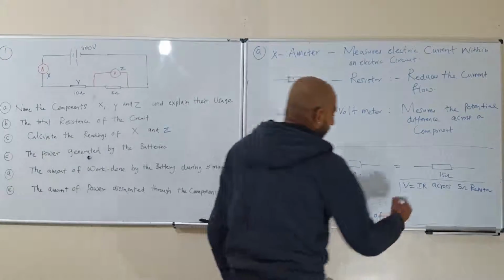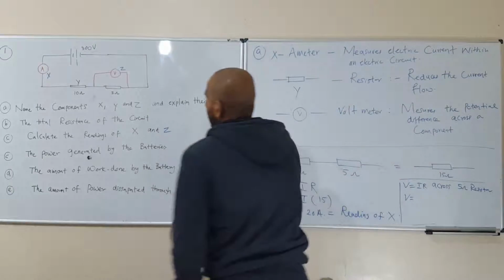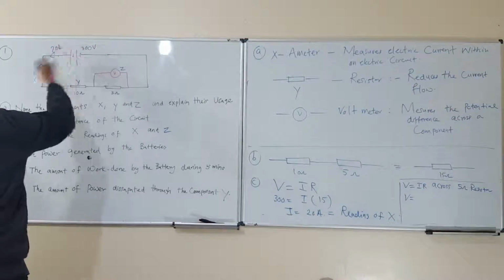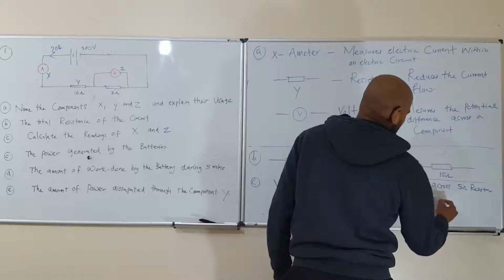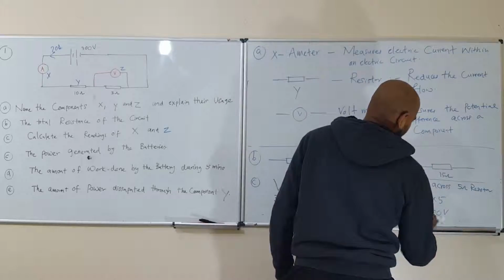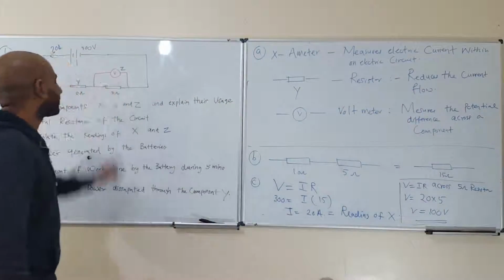V is the one we are looking at, I is 20 amps, and 20 times 5, where 5 is the resistor, gives 100 volts. So that reading is 100 volts.